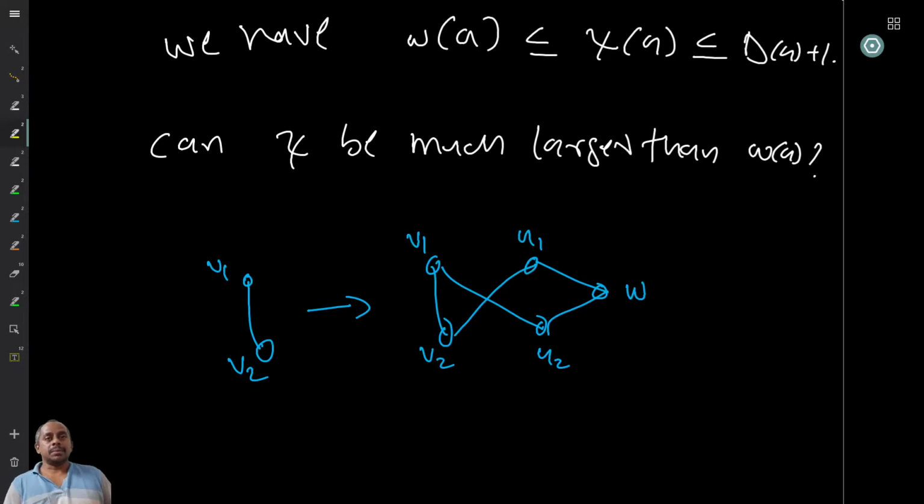But is it possible? Here is an interesting result, which says that we can have graphs without triangles where the chromatic number is as large as we want. What do you mean by triangle? A triangle is 3 vertices which are adjacent to each other, which is the complete graph on 3 vertices.